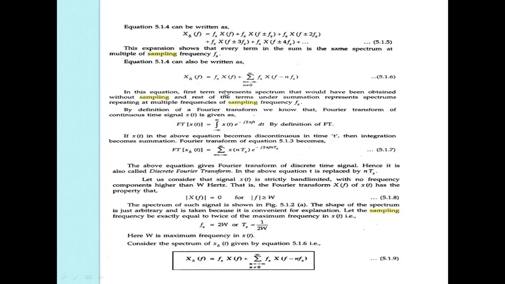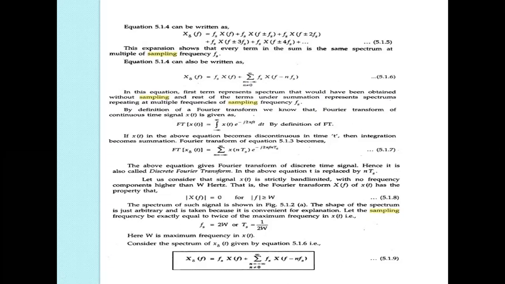In this equation, the first term, fs times X of f, represents the spectrum that would have been obtained without sampling. The rest of the terms under the summation represent the spectrum repeating at multiple frequencies of the sampling frequency fs.